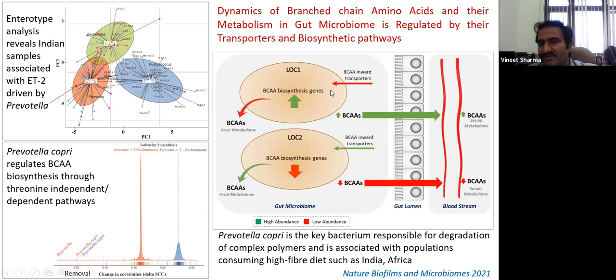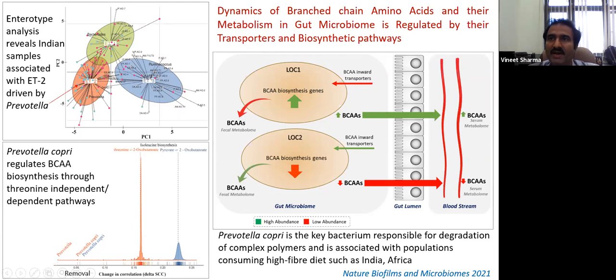In this situation, these microbial cells do not have the transporter for BCAA from outside, because they are synthesizing on their own. They do not take it inside, and that is why they are also not detected in our feces.